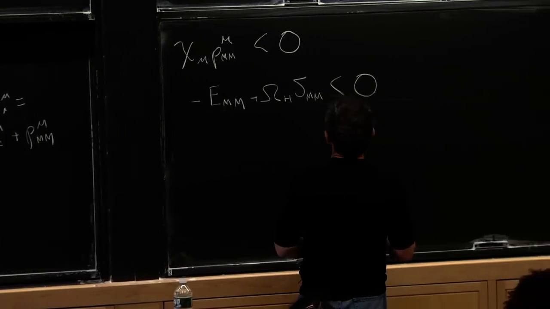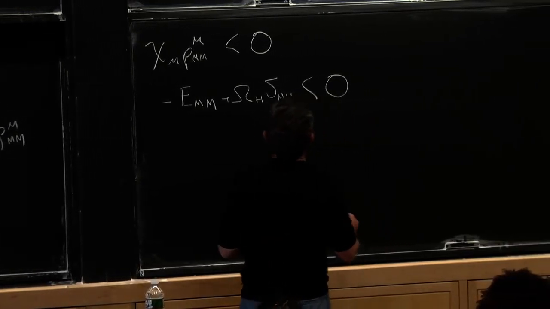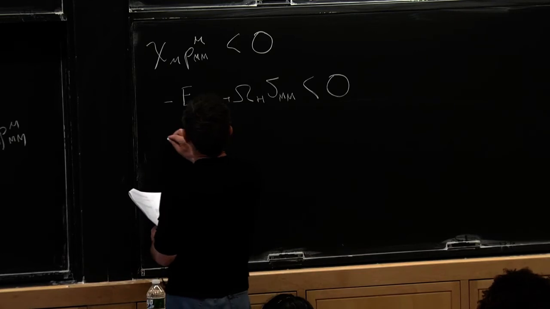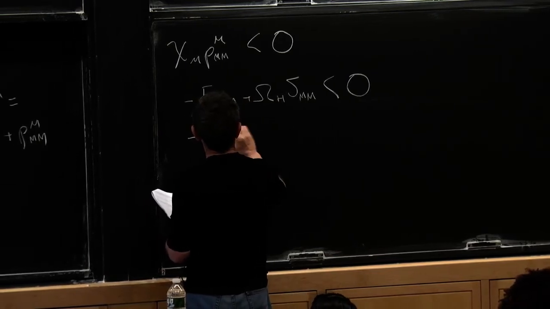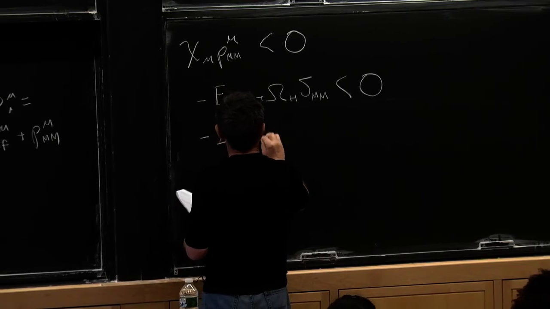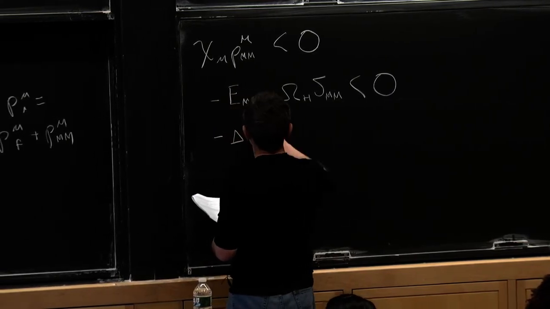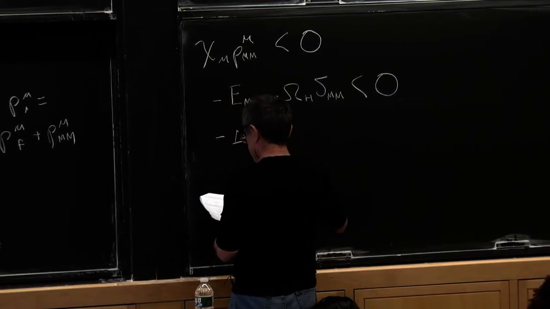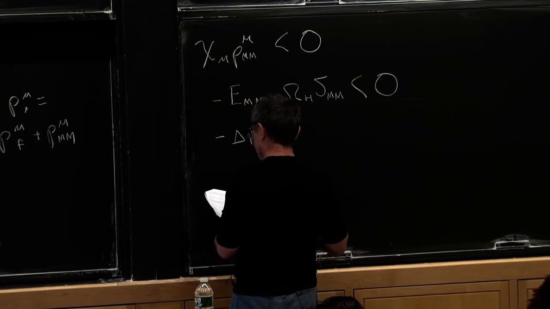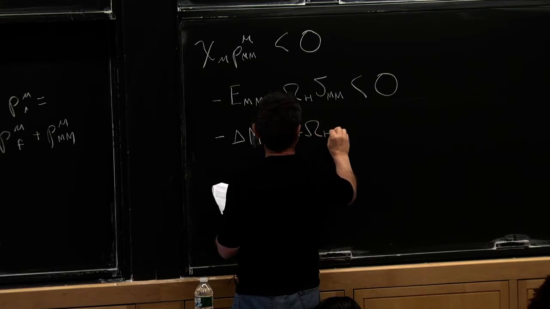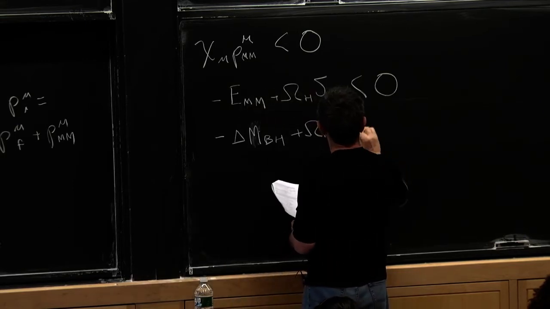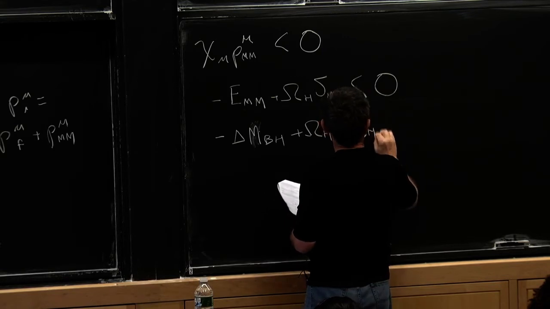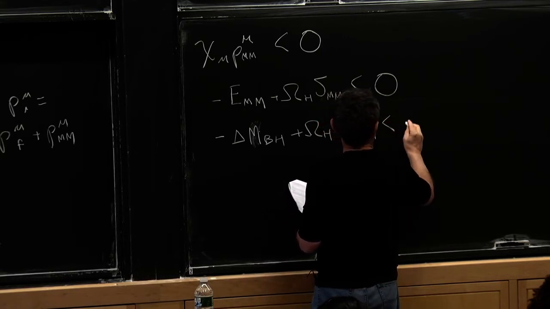Okay, so that says that minus delta E black hole, which I could write as delta M black hole, same thing, plus omega horizon delta J black hole is less than 0.